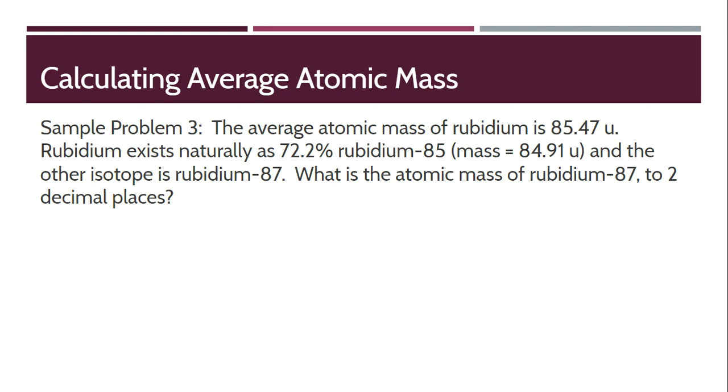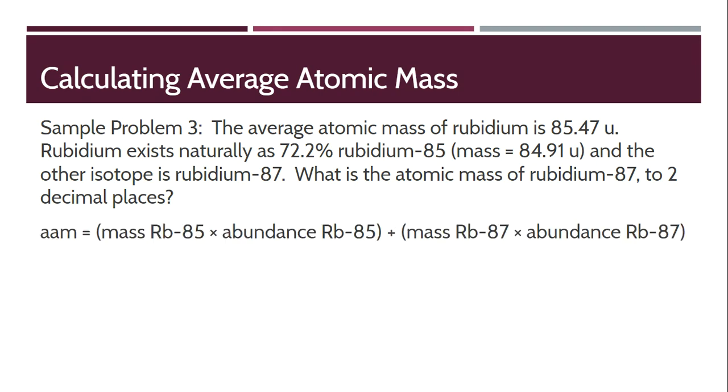So this one's a little bit different. We still start with that formula. Average atomic mass equals the mass of rubidium-85 times the abundance plus the mass of rubidium-87 times the abundance. So if we plug in the information that we have, we know the average atomic mass, we have the mass of rubidium-85 and its abundance, but we don't know the mass of rubidium-87.